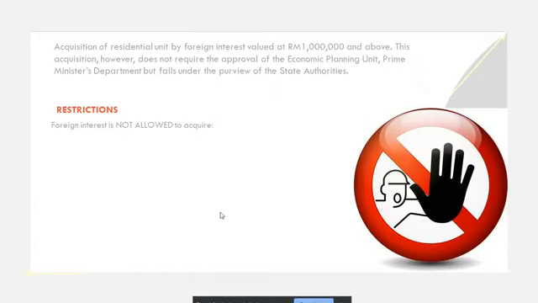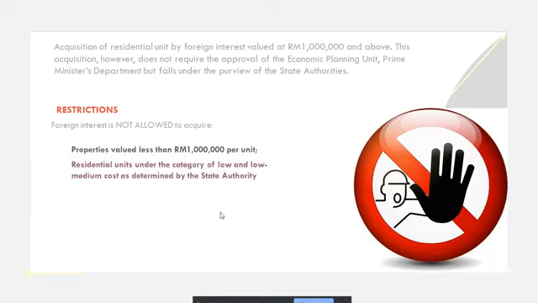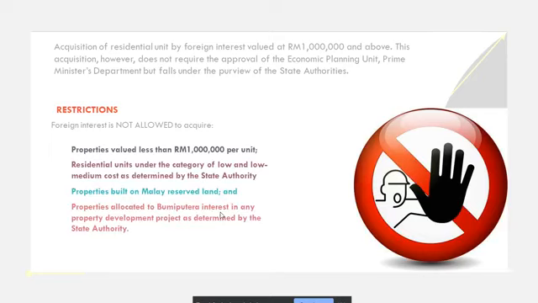So foreigner are not allowed to acquire property value less than 1 million, of course lah. Dah tentu sangat saya tulis. Residential unit under category of low and low medium cost, yang ditentukan oleh state authority. Property built on Malay reserve land. Property allocated to bumi only.